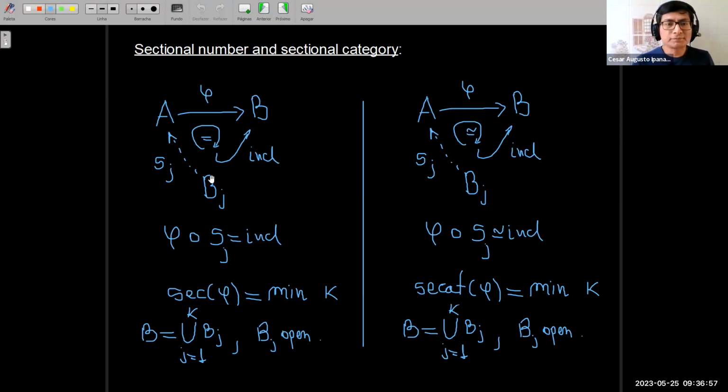We recall that the sectional number is the minimum number K such that B admits an open cover with K open sets, such that over each one there is a local section of this map phi. Similarly, the sectional category, where this is not a strict section but a homotopy section.